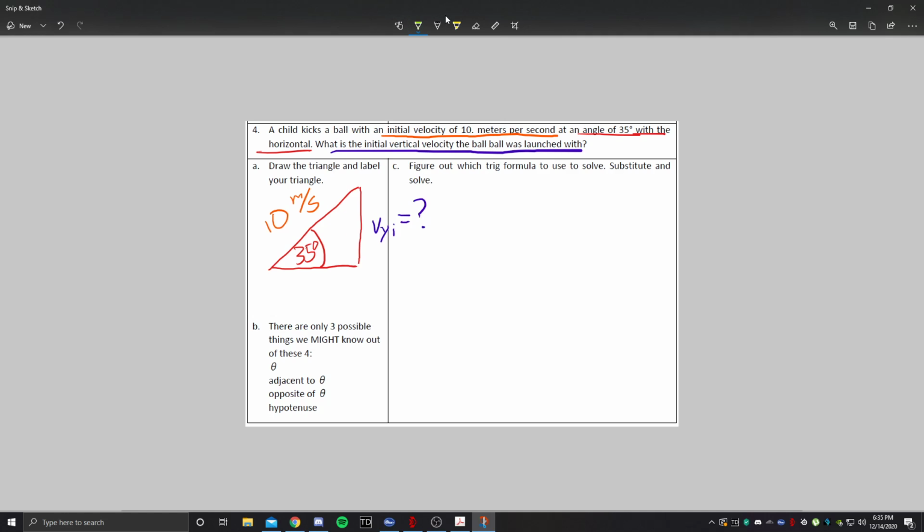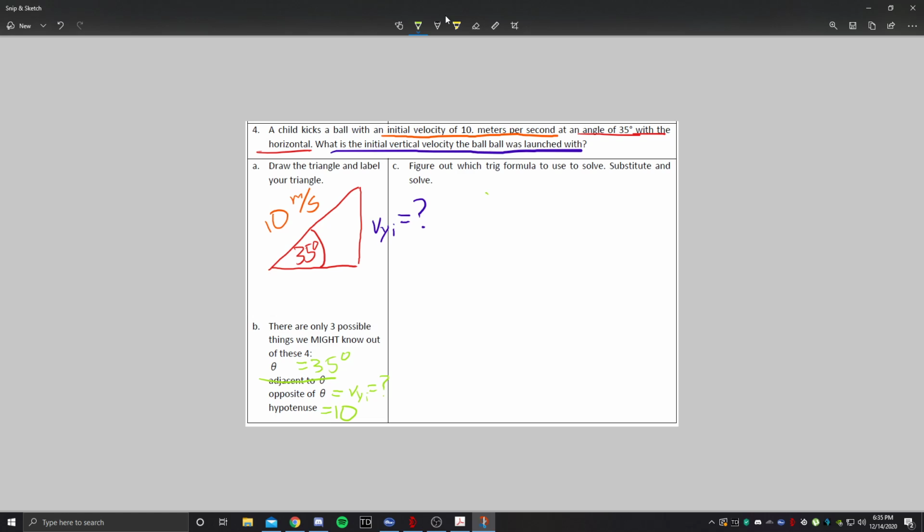So you know three things here. You know your angle is 35 degrees. You don't know what's adjacent to your angle. You know what's opposite your angle, which is what you're trying to find out. And your hypotenuse is 10. So now you figure out which formula has all of these things.